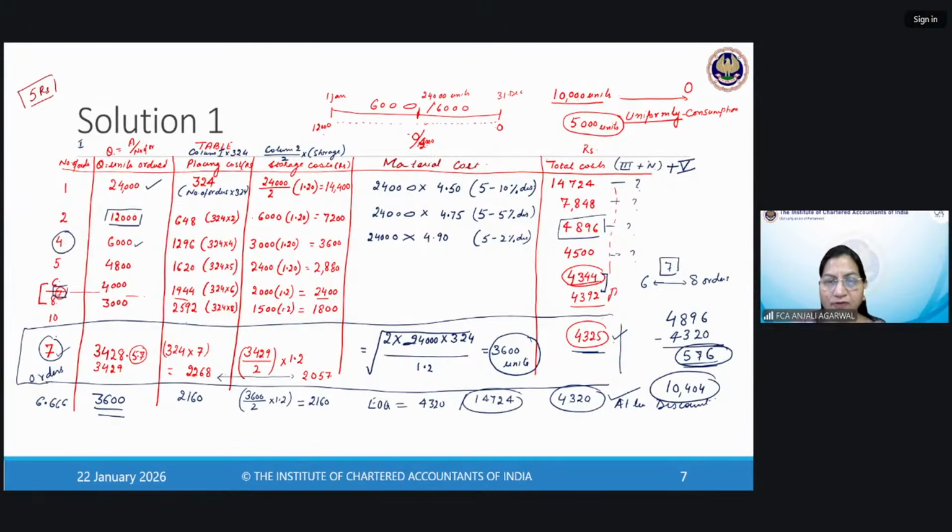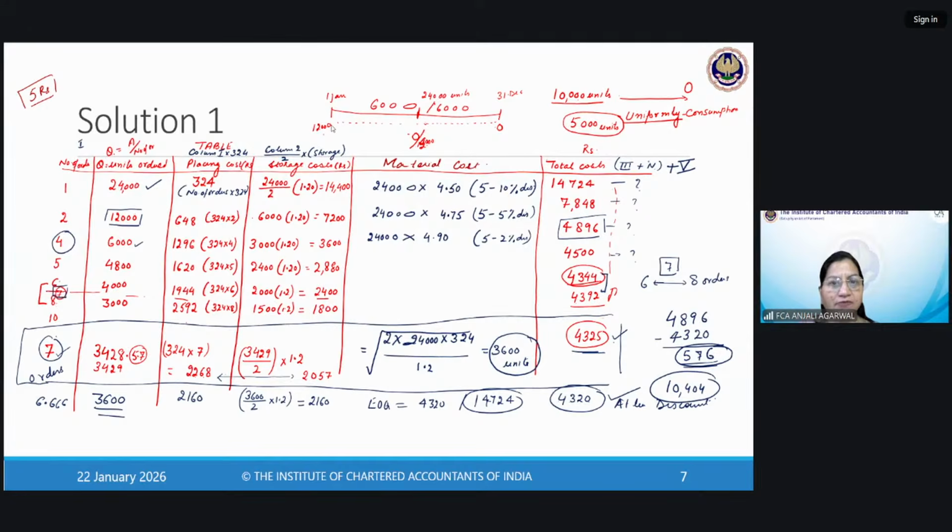So why should we bear this extra cost of 14,724 for the vendor's convenience? Why should we bear this 10,404 extra? So the vendor will have to pass us this discount if he really wants us to give one order only. If he wants us to pick the entire lot in one go, he needs to offer us a discount of 10,404 at least. Okay, so now you understand why the table is important.